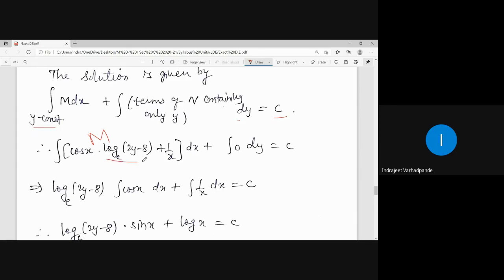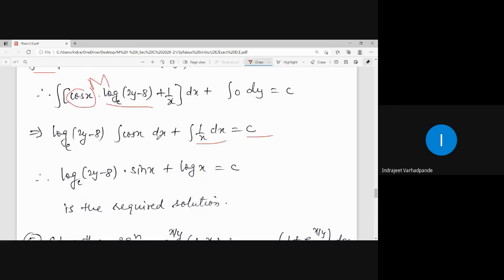So log of 2y minus 8 outside, integration of cos x plus integration of 1 by x dx is equal to c. What is integration of cos x? Sin x. Integration of dx upon x? Log x. So that is what the answer is.